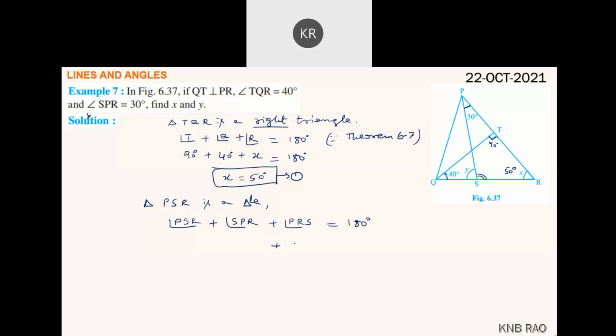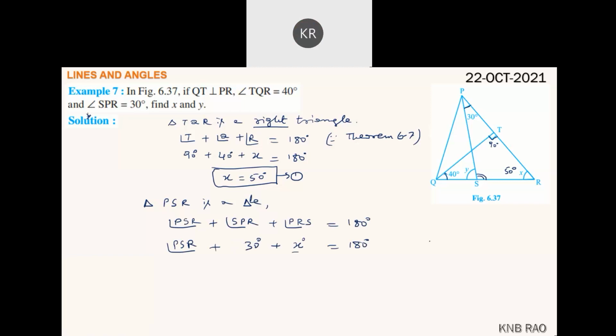PRS is x, and that is 50 degrees. Angle SPR is 30 degrees, it is already given.